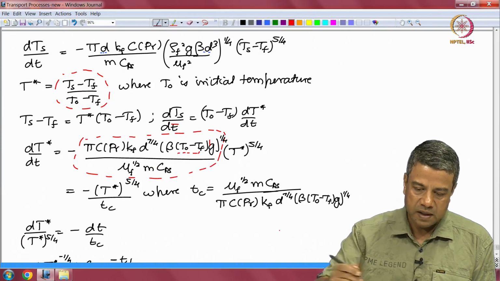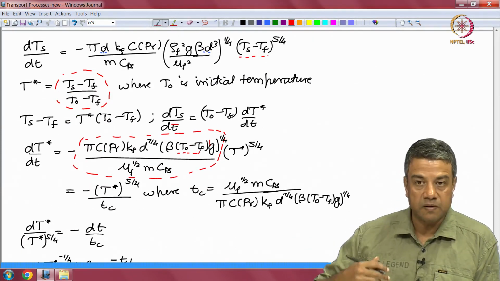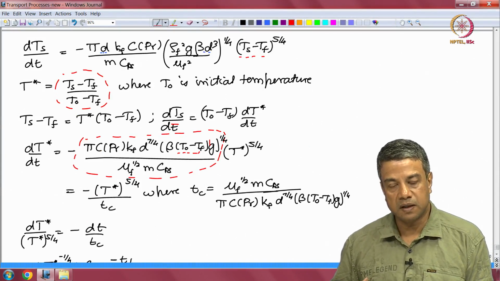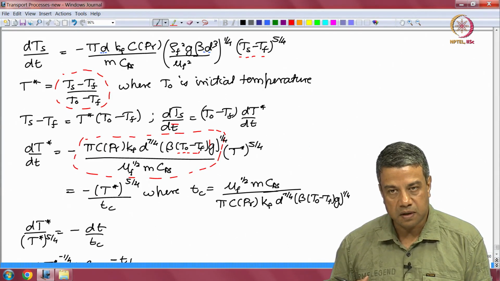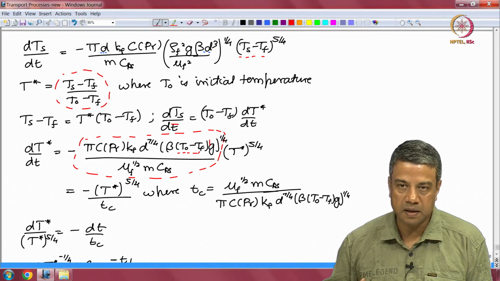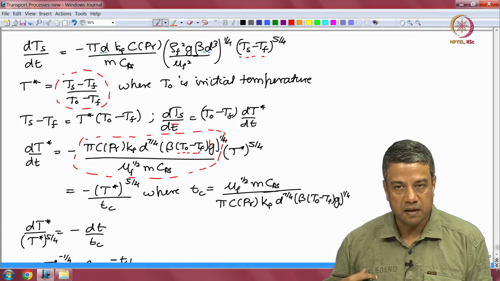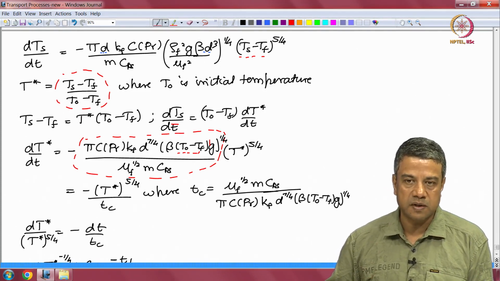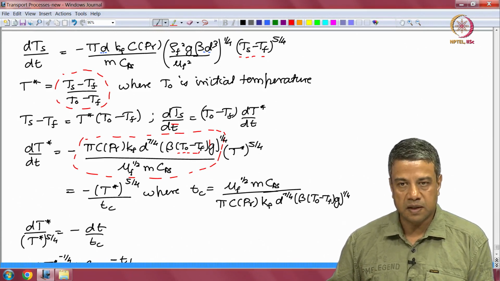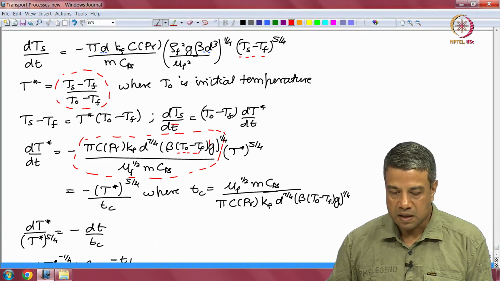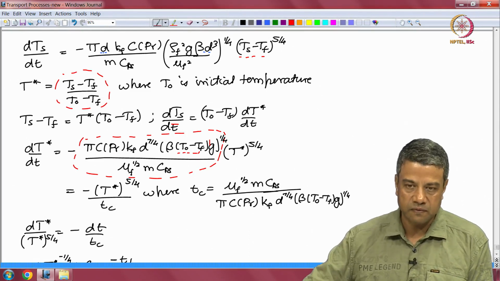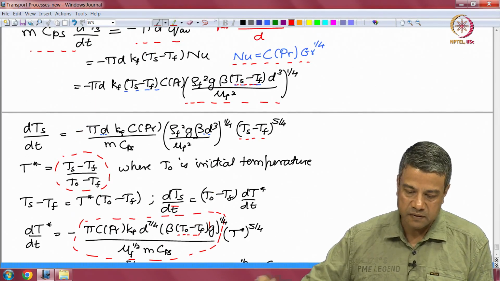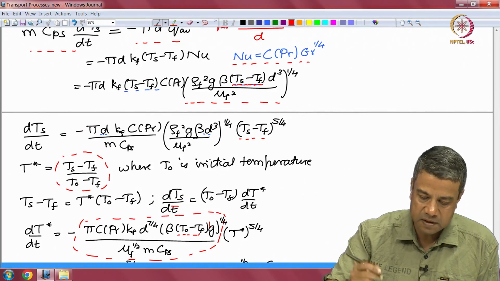So, on the right side we have Ts minus Tf power 5/4. Recall that when we did both low Peclet number and high Peclet number forced convection, the right side was also proportional to the temperature difference. That is why we got an exponential decrease. In this case, it goes as temperature to the 5/4 because there is a factor of temperature power 1/4 in the expression for the Nusselt number.